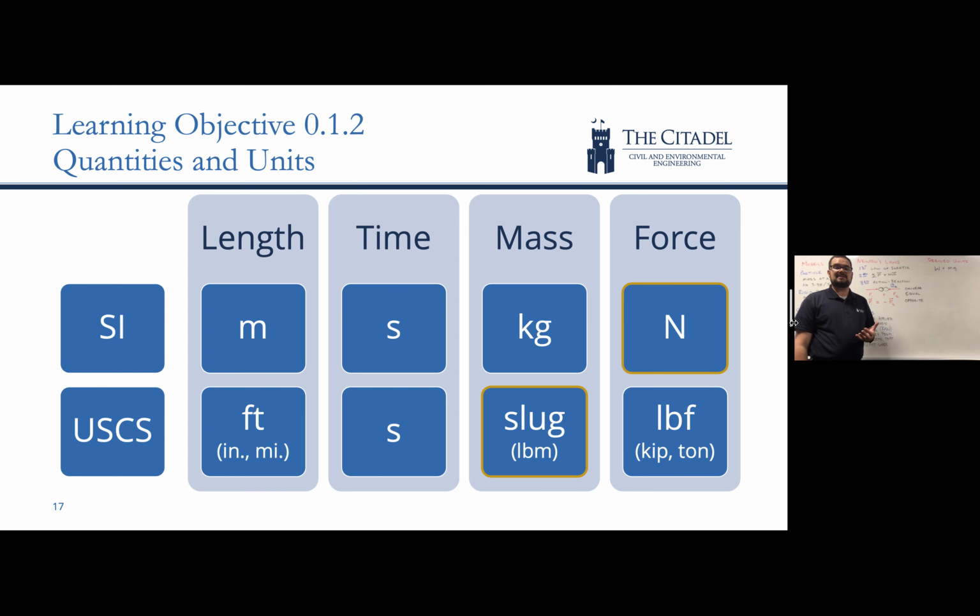Now, when we come up with a system of units, you're going to have to develop some arbitrary units. So in this case, our arbitrary units in SI are length, time, and mass. And then we look at this Newton's second law to help us derive that final term, force. So using F equals ma, we can talk about the derived unit, the Newton.